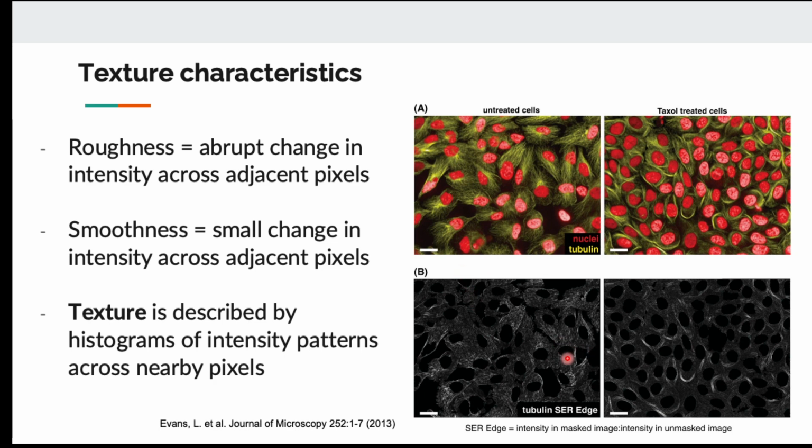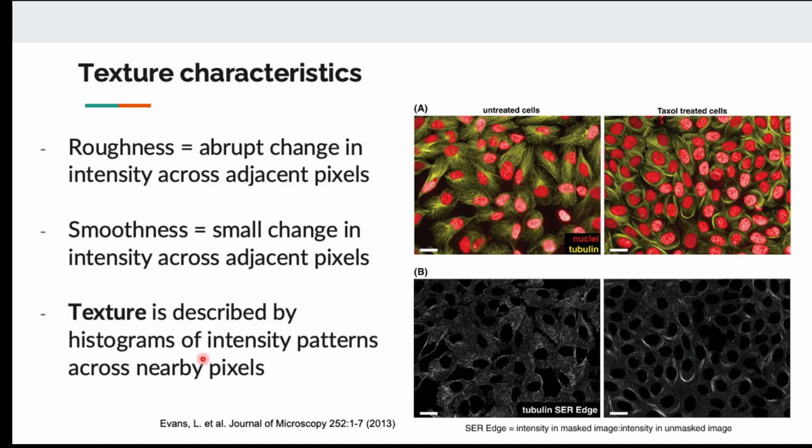These are, in the computational terminology, we call this texture of the image. So you can think of it as roughness, how the color changes, or the smoothness. In the untreated cells, the color is not smooth because you see bright and dark pixels all over the place. But in the treated cells, you see bright pixels kind of clustered together and dark pixels clustered together.